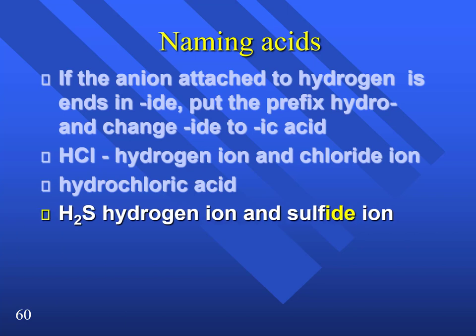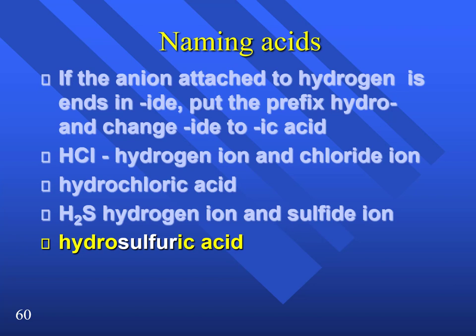So H2S. If I asked you to name H2S, if you named it like an ionic compound, you would call it hydrogen sulfide. We're going to mention the hydrogen by writing the word acid. And we're going to take the "-ide" and put "-ic acid" and stick the hydro in. Now, for some reason, and I don't know why, maybe just because it sounds better, they put the "ur" back in.